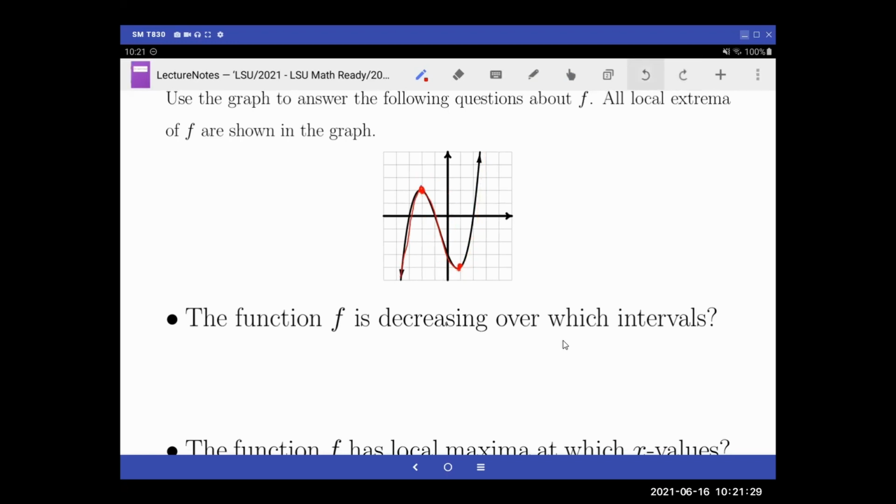So where is that interval then? Remember, the x values tell you where. And it looks like, and I'm going to round it here, it looks a little bit off center, but I'll just say it's whenever x is 1 and x is -2. So it's decreasing from -2 to 1, roughly speaking.